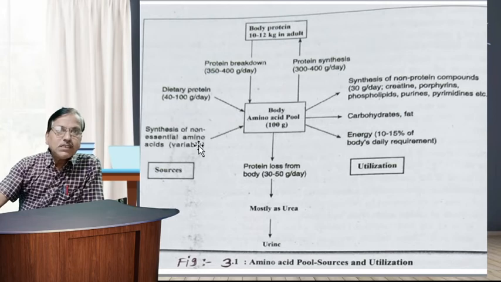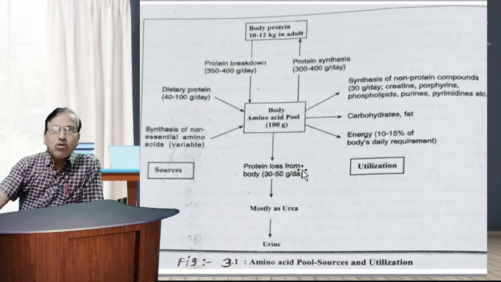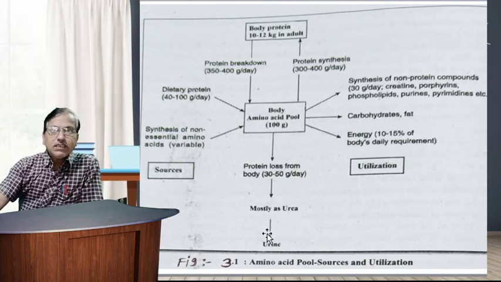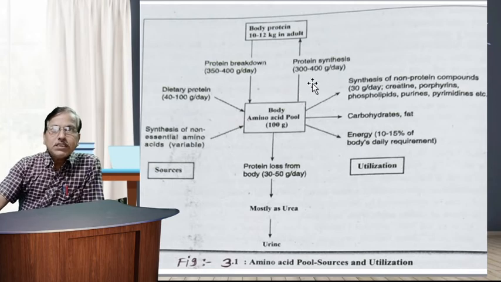Synthesis of non-essential amino acids are also sources, and protein loss from body 30 to 50 gram per day, mostly as urea, last is the urine. So this is the body amino acid pool.